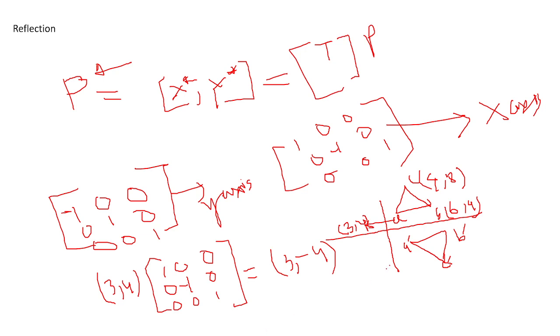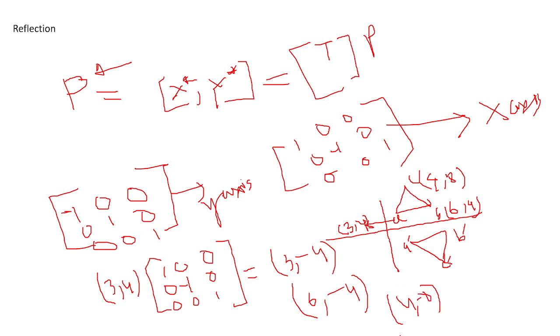For that 6 comma 4, that is B position, if we solve, then we'll get 6 comma minus 4. And for C point, if we solve, then we'll get 4 comma minus 8. That's it.